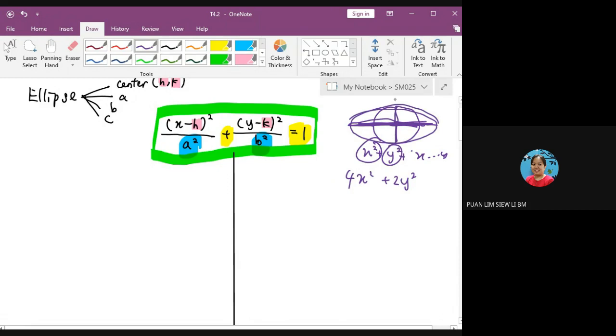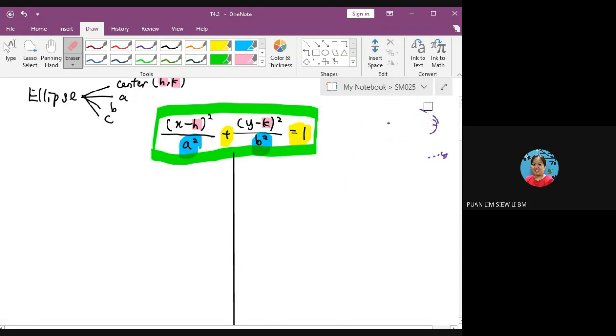If your vertical factor is longer, you'll make your shape a vertical ellipse. Okay, sama ada dia berdiri ataupun dia tidur. So faktor dia ialah nilai A, B dia.